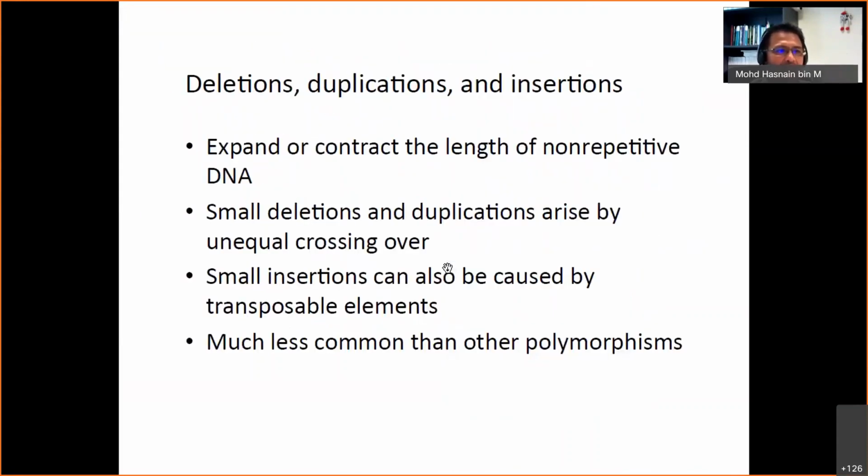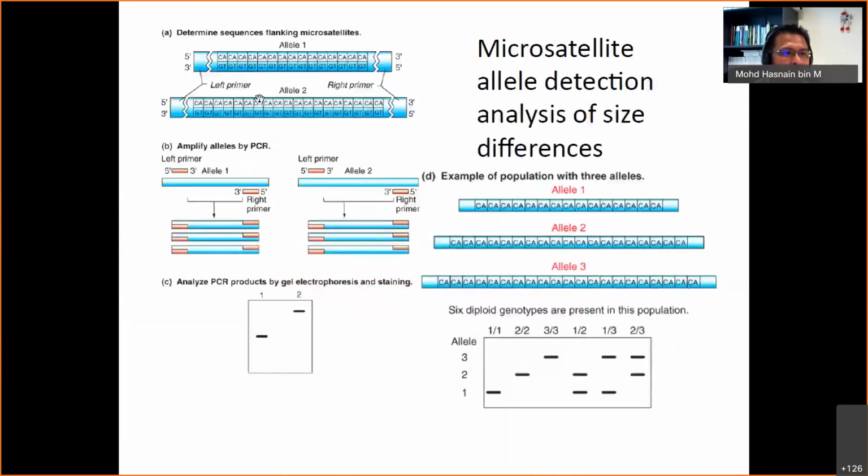So, and then the next one is deletion, duplication, and insertion of the DNA. Expand or contract the length of non-repetitive DNA. So you can see this one, the difference between allele 1 and allele 3, because when the chromosome undergoes replication, sometimes in the parent, okay, let's say this one comes from the father, this one comes from the mother. During replication in the mother, in the gamete cell, it has deletion. So some of the CA are removed, and it becomes short.